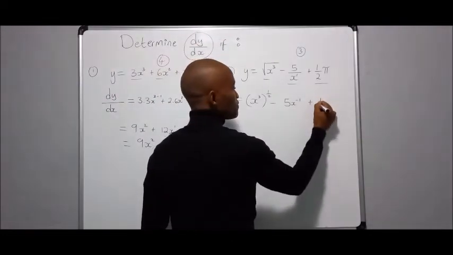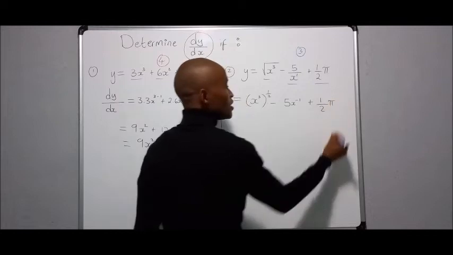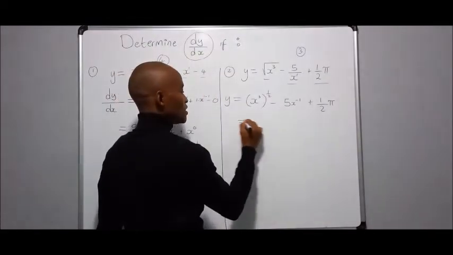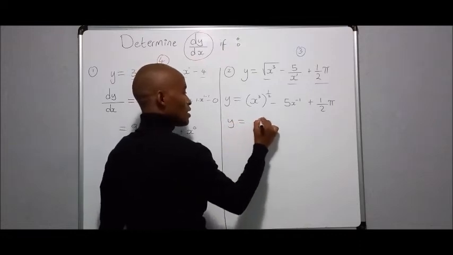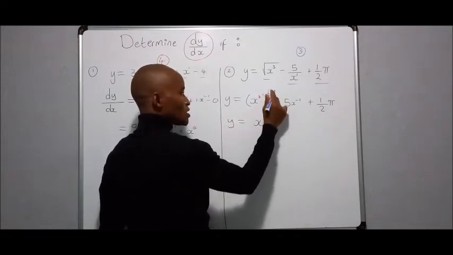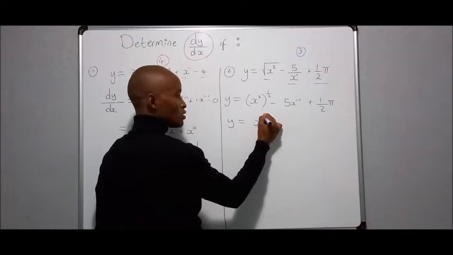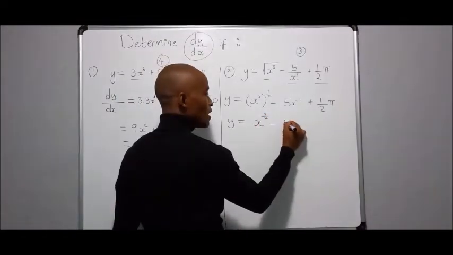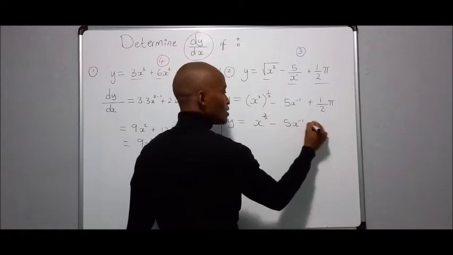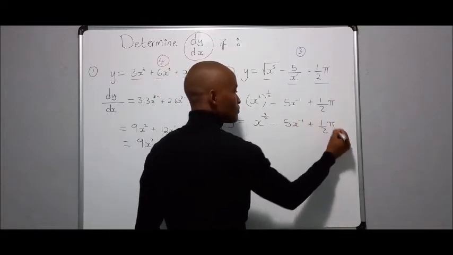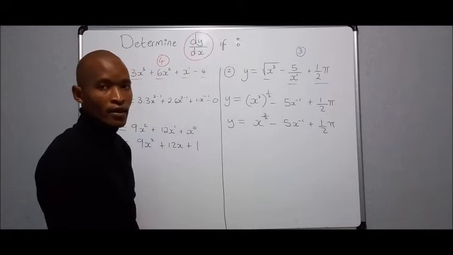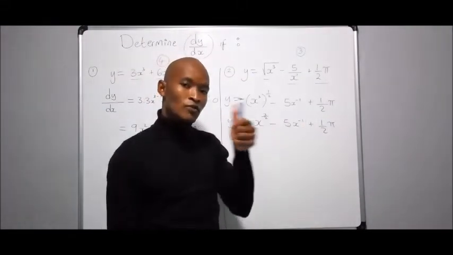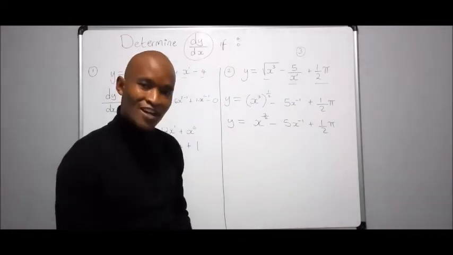And then the constant function, it has no problem. We have plus half pi. Write the stuff neatly. This is still y, x to the power of what? 3 times a half, application of exponential laws. A power raised to a power. Minus 5, x to the power minus 1, plus a half pi. Now there's a power function, a constant function. So your function is ready to be differentiated.